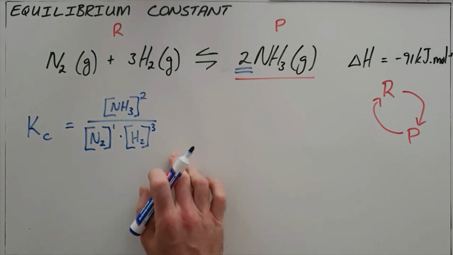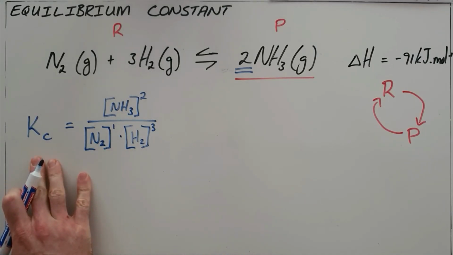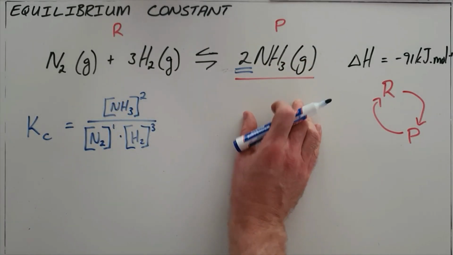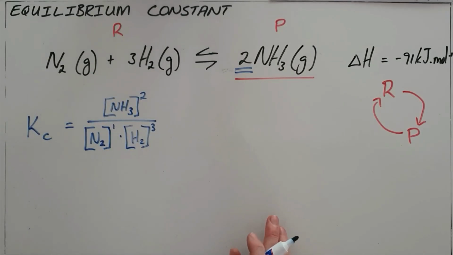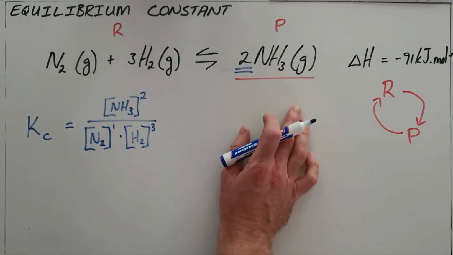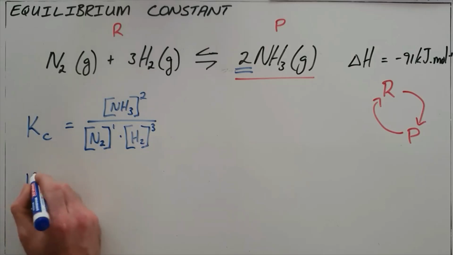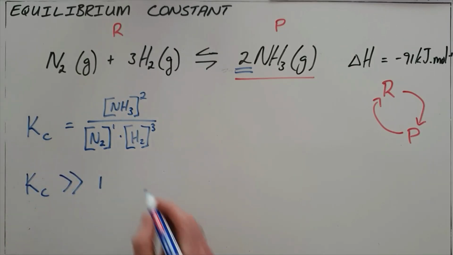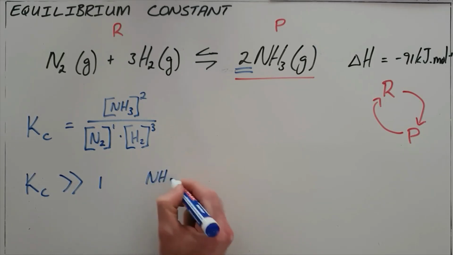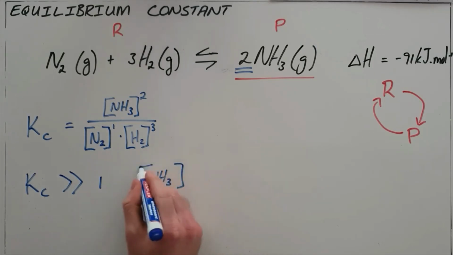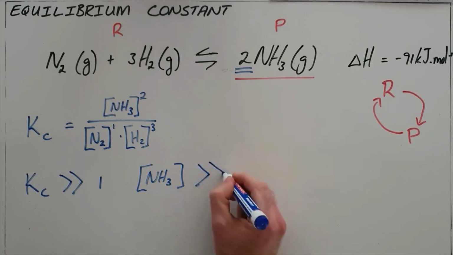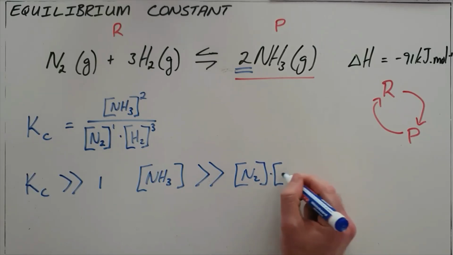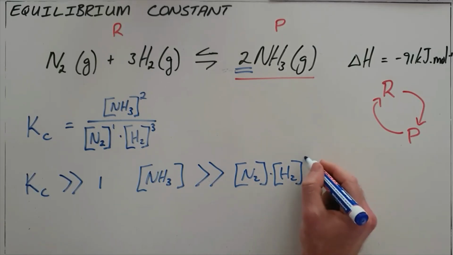So what this can now tell us is by looking at our value for Kc, it can inform us as to how much of the reactants is present and how much of the product is present. So what we can see here is that if Kc is a number that is much, much bigger than 1, what that means is that the concentration of ammonia is much, much bigger than the concentration of nitrogen and hydrogen combined.